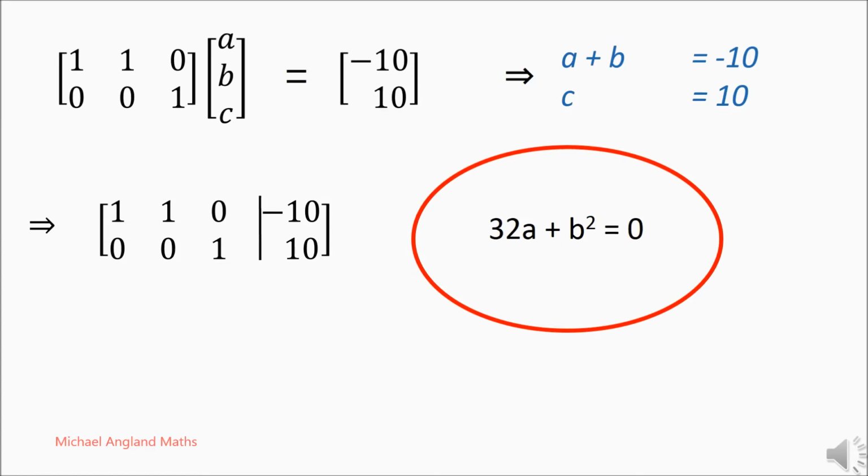The other piece of information that I use at this point is the equation that I derived earlier by looking at the derivative, which was 32a plus b squared is equal to 0. And together with the augmented matrix, we'll be able to now find values for a and b.